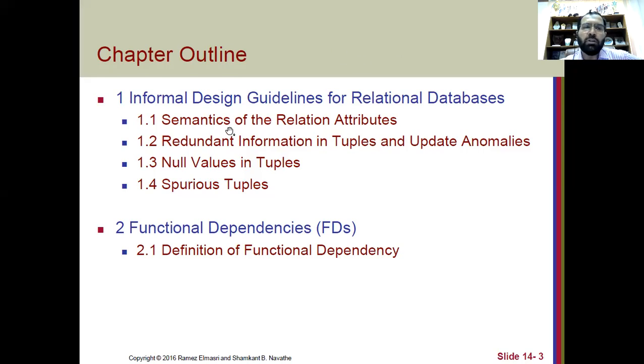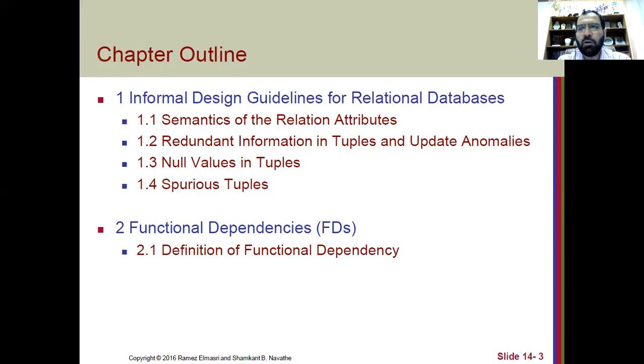Then 1.2 is regarding the redundant information in tuples and update anomalies. So we will see that wherever we have redundancy in those tuples or records within that relation, we have to consider what types of redundancies are possible, and of course how we can remove the update anomaly.